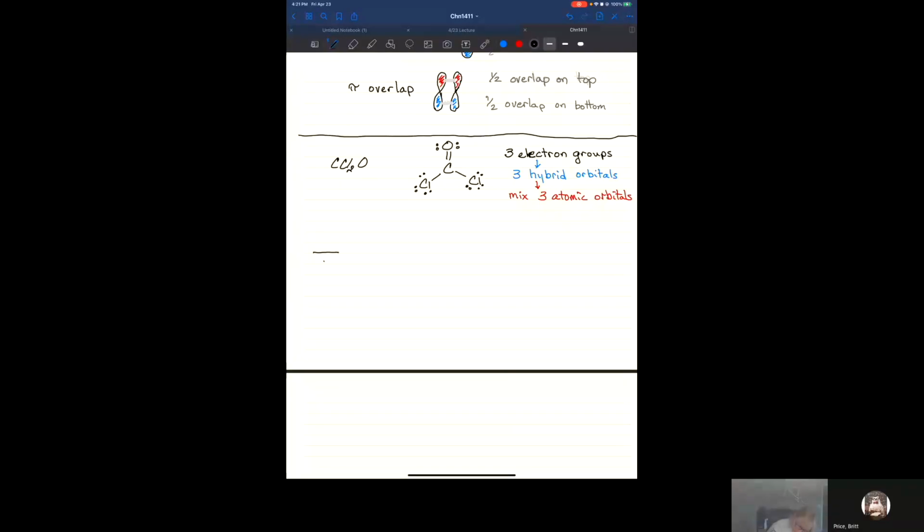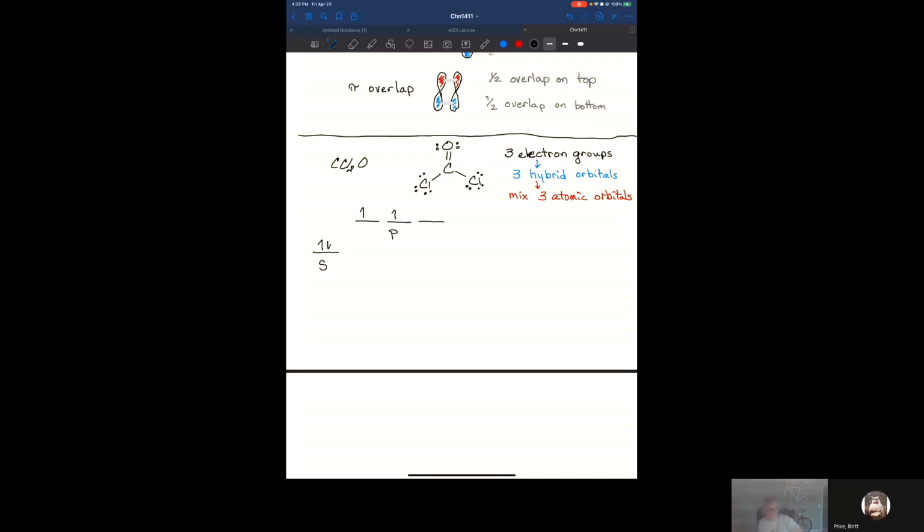So I've got S and P, 1, 2, 3, 4. When I say that I want 3 hybrid orbitals, what I really need is to make 3 sigma overlaps.